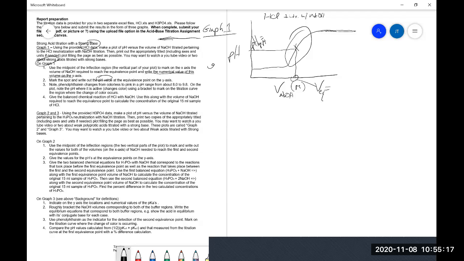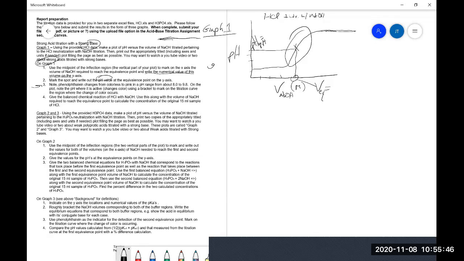And moving right along, number 3, it says note phenolphthalein changes from colorless to pink, 8 to 9.8 on the plot. Note the pH where it's active and bracket to mark the titration curve in that region. So in your plot, you're going to have values here and here, right?